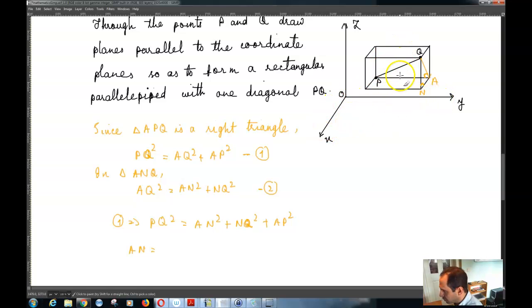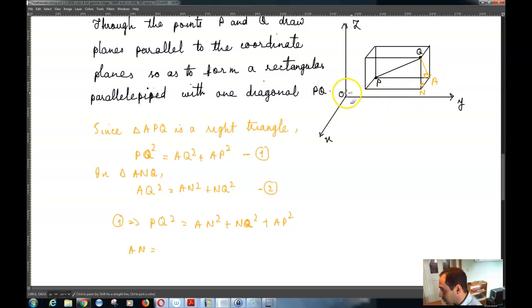It could be above the XY plane, but of course the Z coordinate of these 2 points A and N are the same. And you see that the Y coordinate of these 2 points are also the same.